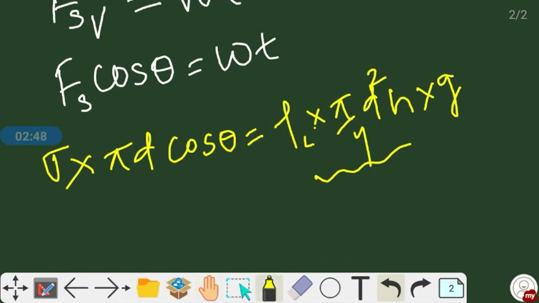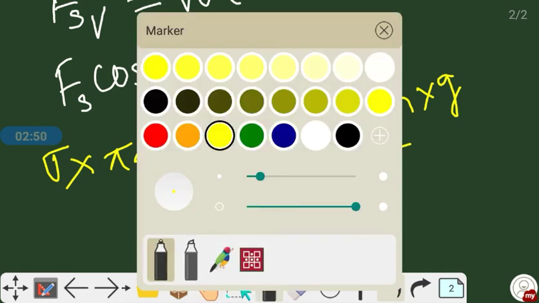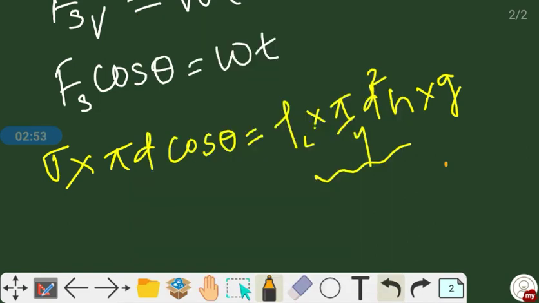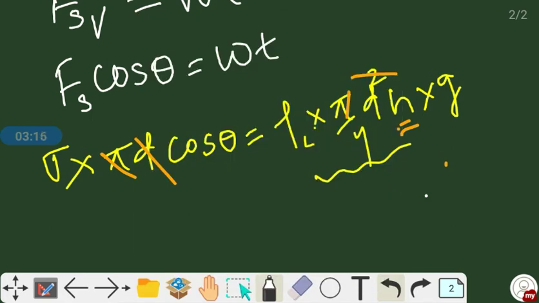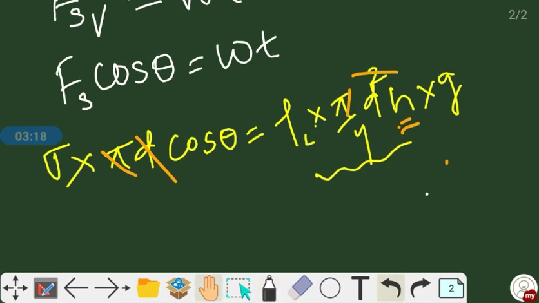So now let's cancel some terms from left and right hand side. One d will cancel, and pi will cancel. We need to find out the value of h, so let's put h on one side and all the other values on the other side.